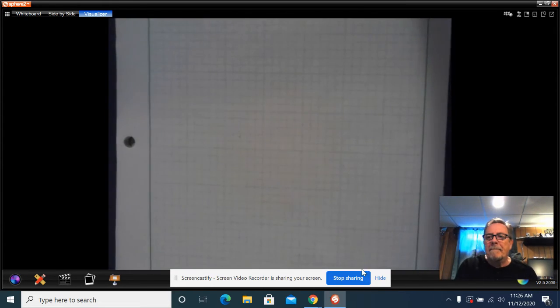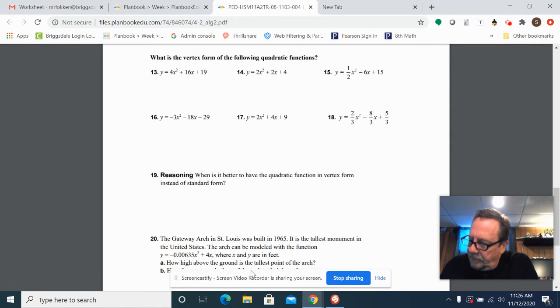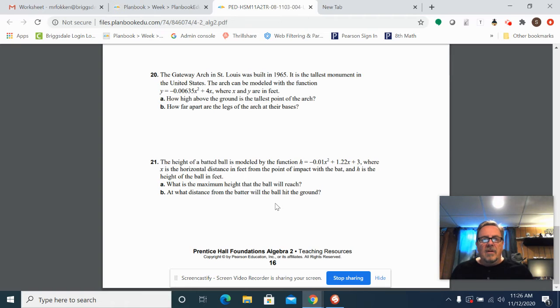And then there was one last one. 20. What does 20 say? Let's see. A gateway arch can be modeled with this function, y equals negative, it's not a very wide, it's a very narrow arch, 0.00635 x squared plus 4x.